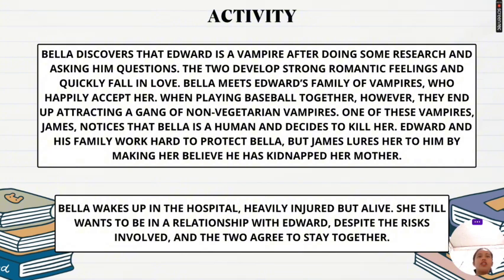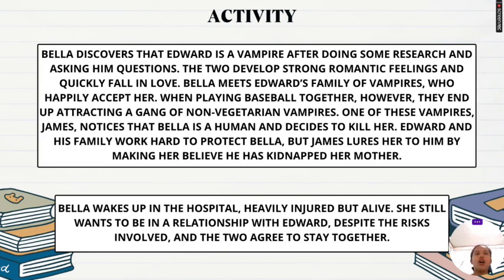She still wants to be in a relationship with Edward despite the risk involved, and the two agree to stay together. So here in our falling action, the main conflict from the climax is already resolved, and we already know what happened to our main character in this part of the plot.